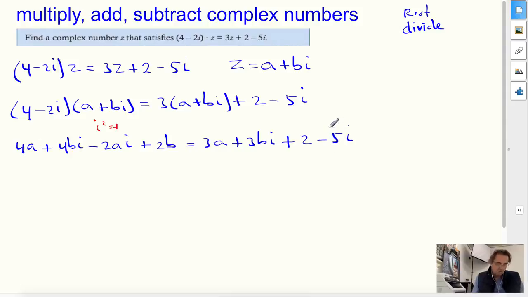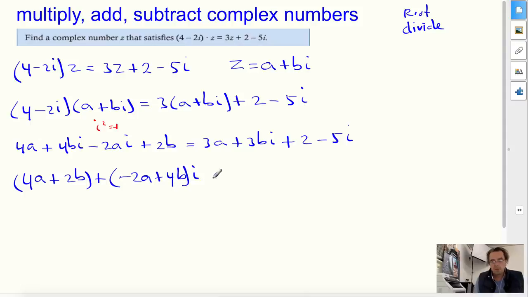Now it's a matter of collecting the real parts and the imaginary parts, so they belong together. So on the left hand side we've got 4a and 2b are the real parts. The imaginary parts are negative 2a and 4b. They are multiplied with i.